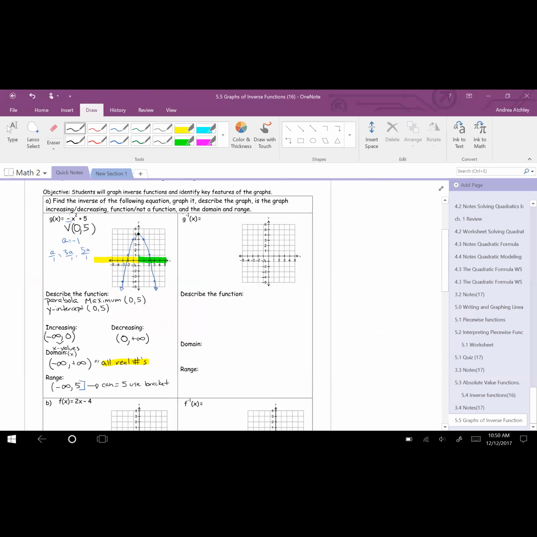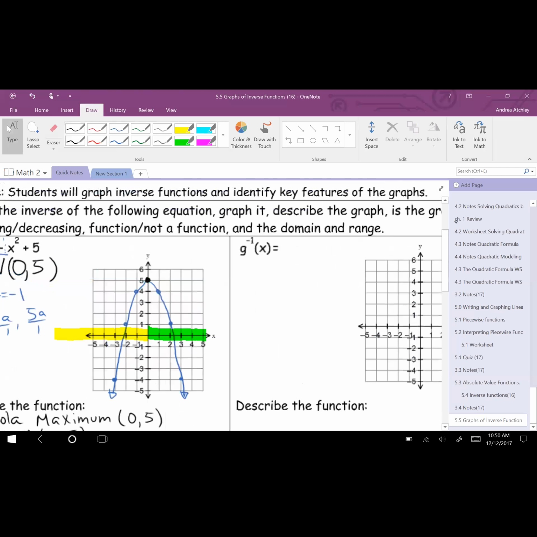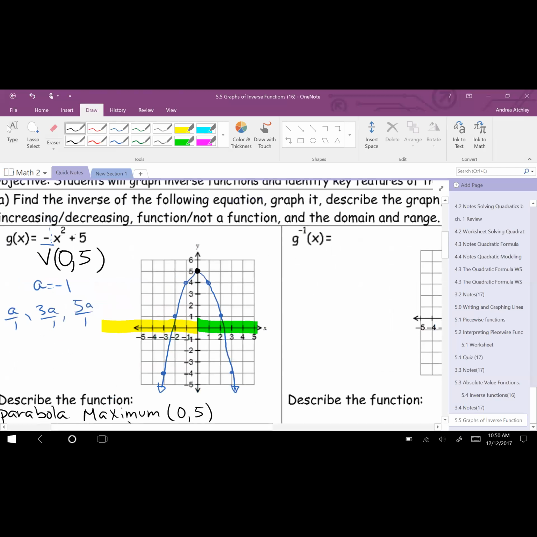Now we're going to deal with the inverse of g of x. So here's my original equation. Remember, to find the inverse, I replace the x and y. So I'm going to get x equals negative y squared plus 5.